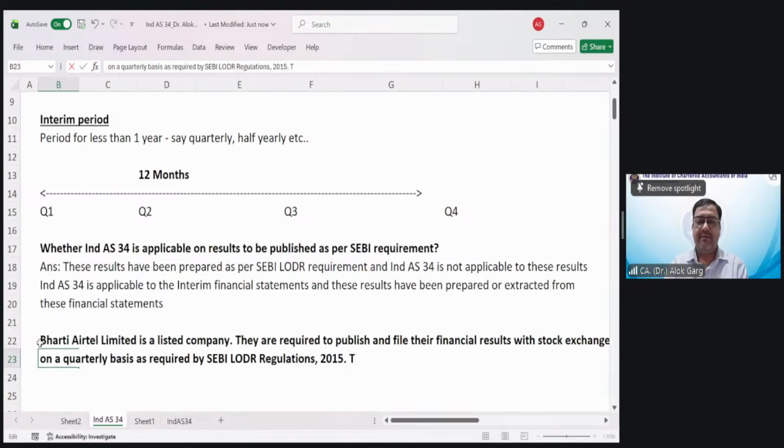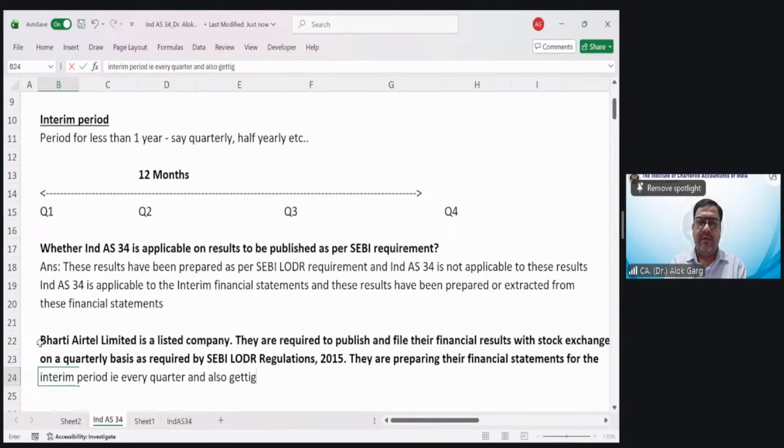They are preparing their financial statements for the interim quarter, for the interim period, that is every quarter, and also getting it audited by the statutory auditors.